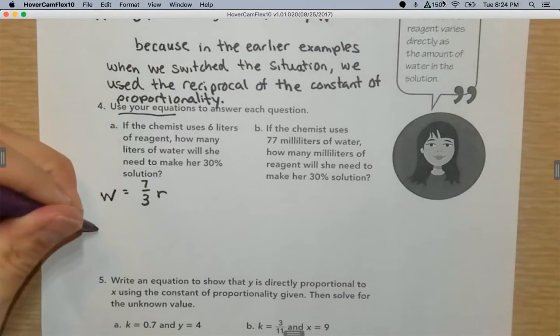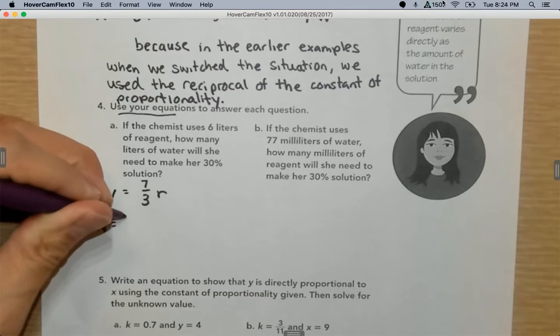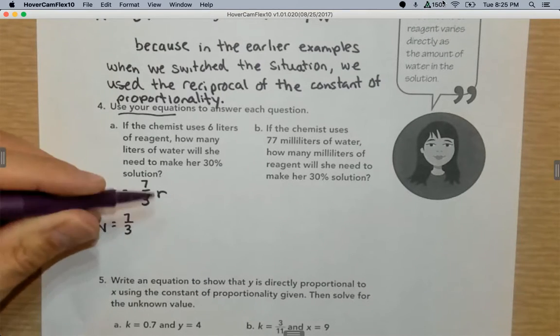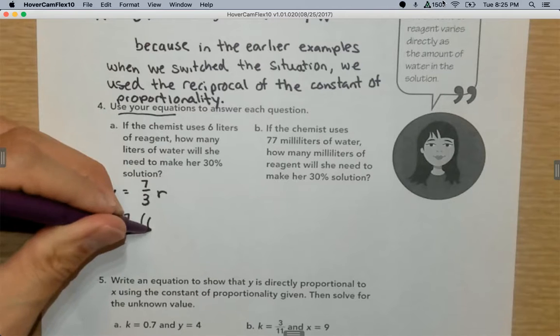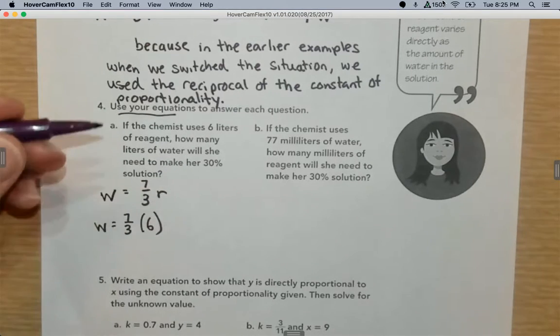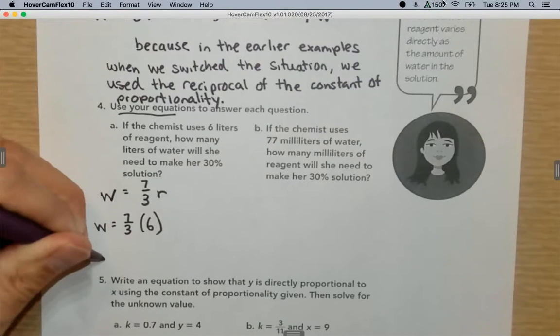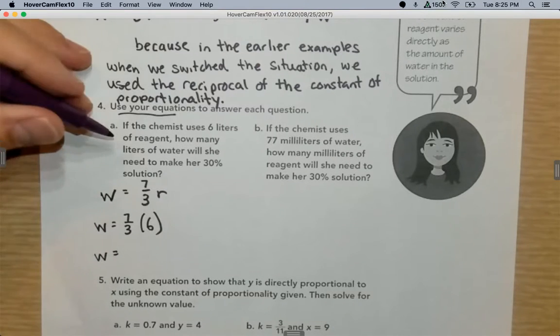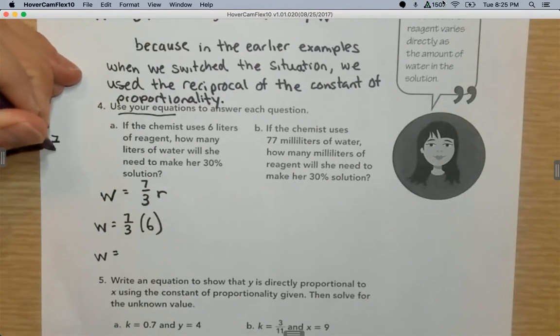Second step, I substitute for the variable what I know, which is 6. Then when I multiply that out, let me show you what that looks like. 7/3 times 6/1.